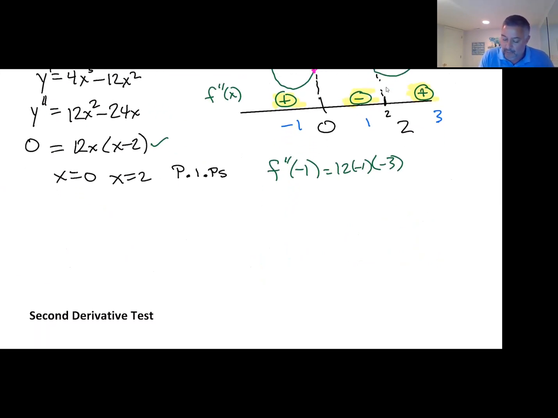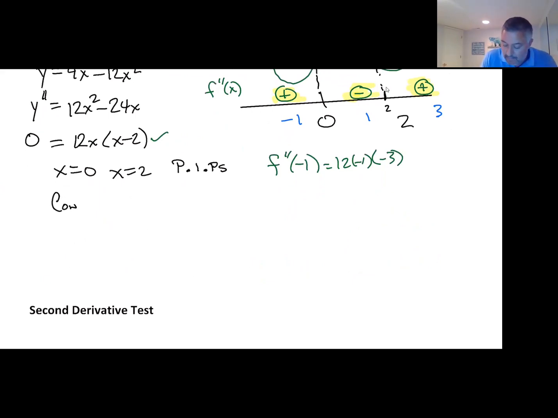So just like yesterday, we need the what, we need the where, we need the why. We are concave up on negative infinity to 0 and 2 to infinity because f double prime of x is greater than 0.